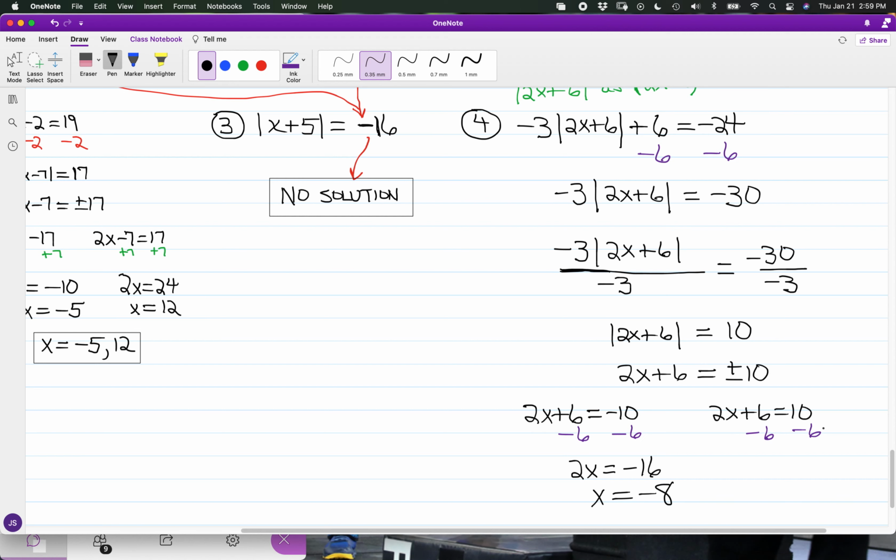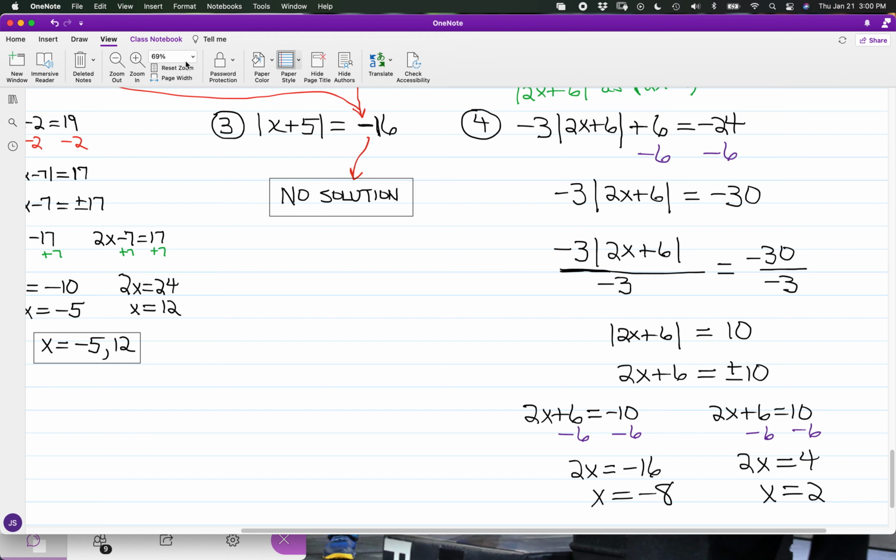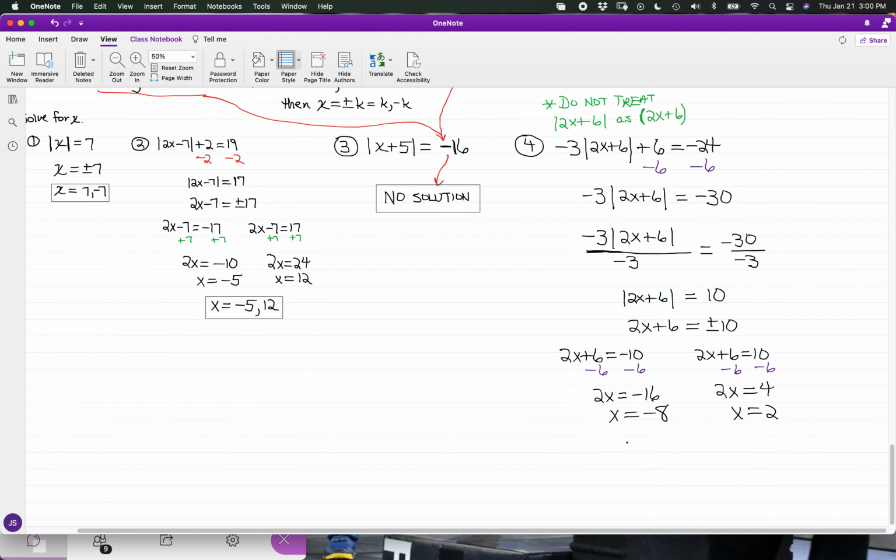And taking 6 away from both sides in the second equation, we have 2x is equal to 4, and with division by 2, x is equal to 2. And so for x, there will be two solutions again, one negative and the other positive, -8 and 2.